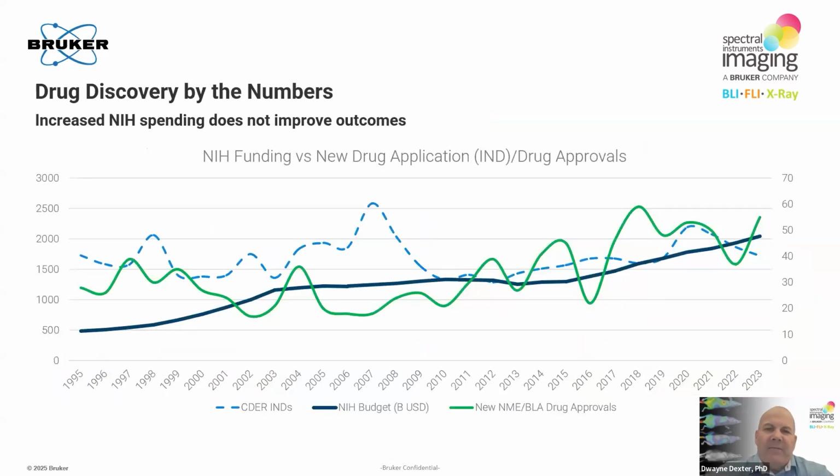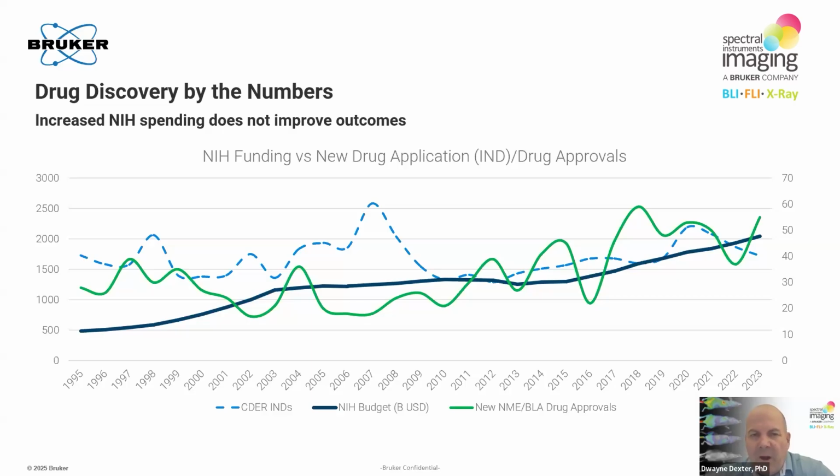Another way of looking at this information, another timely review of investment, is if you look at the NIH budget over the last 20, 30 years or so. Even though NIH budgets have increased modestly or sometimes dramatically over this time frame, you can see with the blue dotted line, the number of INDs submitted really hasn't changed over this period of time, nor do you see a substantial shift in drug approvals.